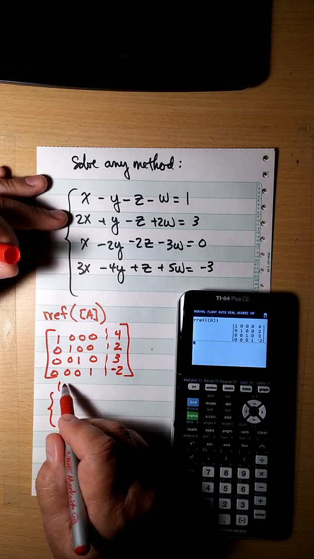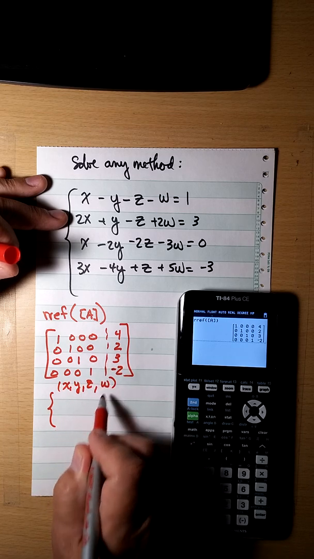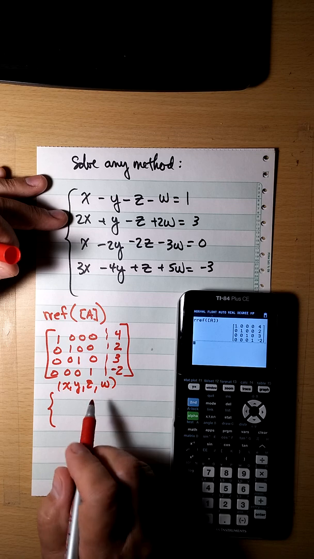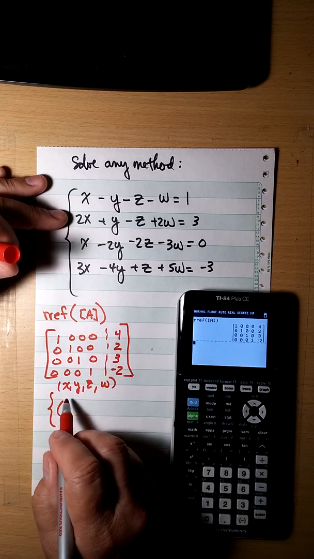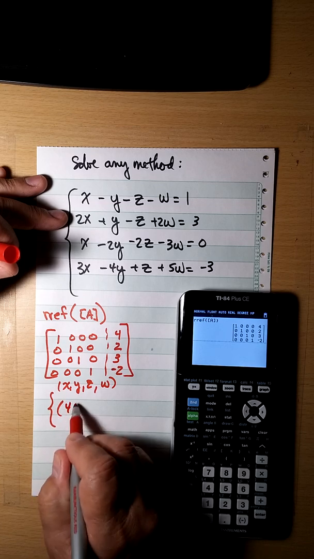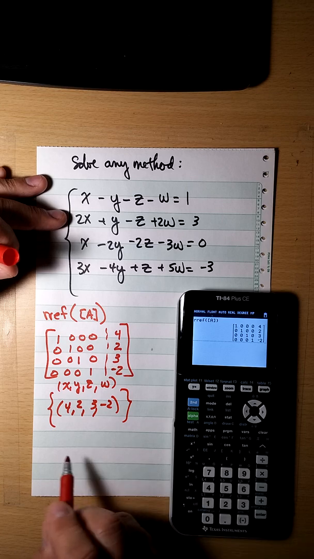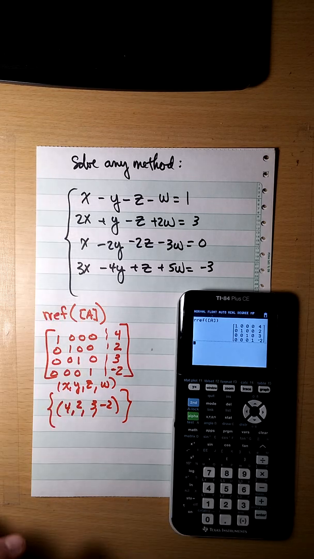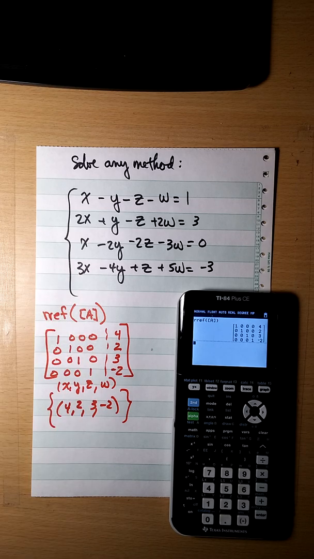If you want to, you can show X, Y, Z, W, because really it's W, X, Y, Z if you wanted alphabetical order, but usually the order they've given them here. So it's 4, 2, 3, -2. Put in those numbers for X, Y, Z, and W, and that would work for all 4 of these equations.